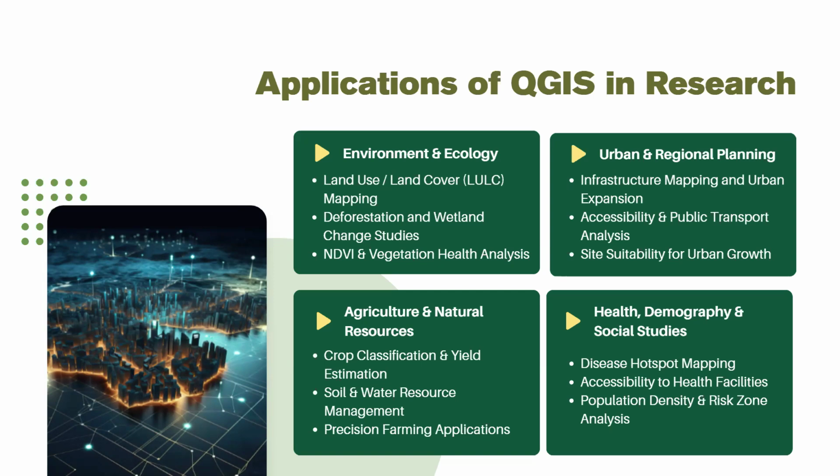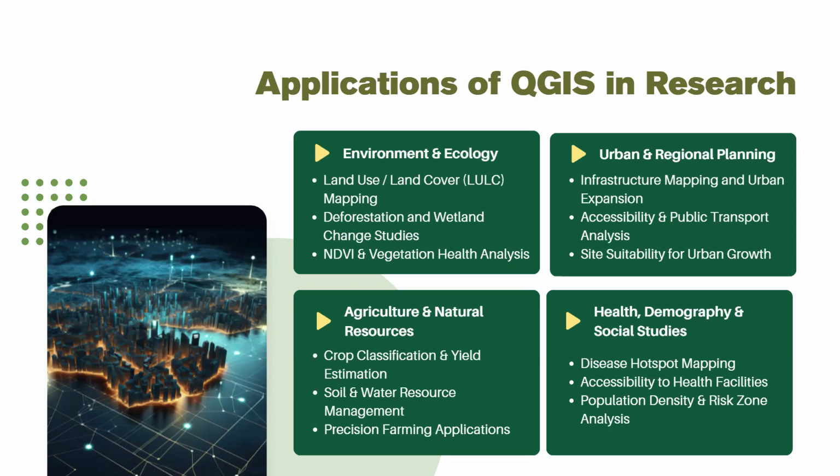So the first thing, as I said, the inevitable one, is environmental and ecological research. QGIS is heavily used in this particular industry domain. So let's see the tasks that can be performed. First thing is mapping land cover change. Whatever project you have done, this will be one of the layers for sure.